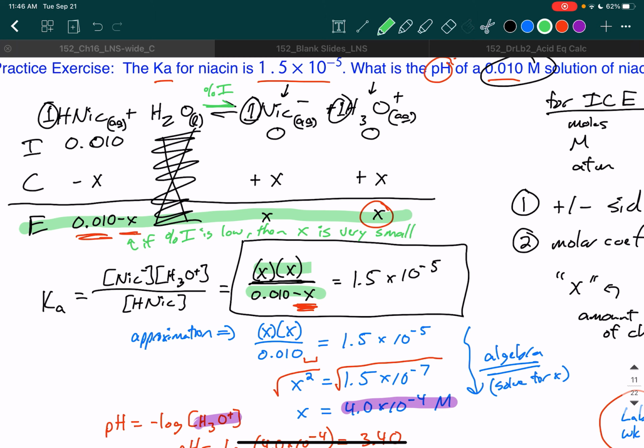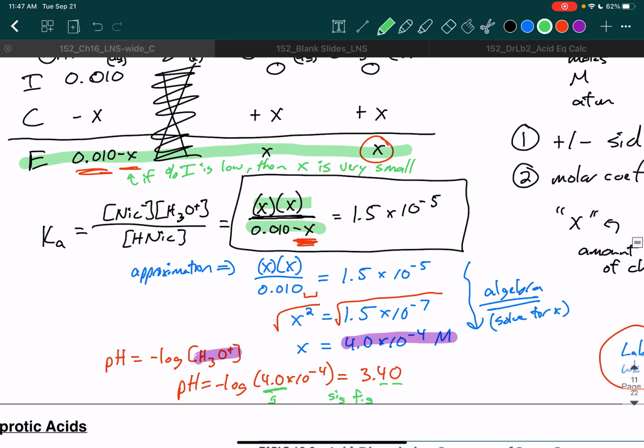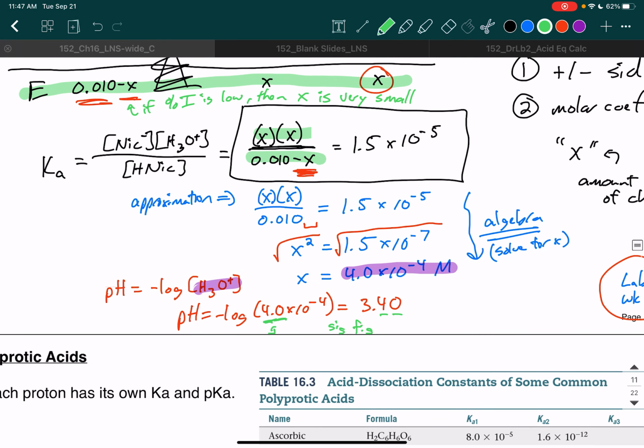So small, in fact, that if you plug in 0.01 minus X, with X being that 10 to the minus 4, it's going to be like 0.009999 or something like that. It's a really small number, a really small change. So whether we carry the X here or not, it really doesn't matter.